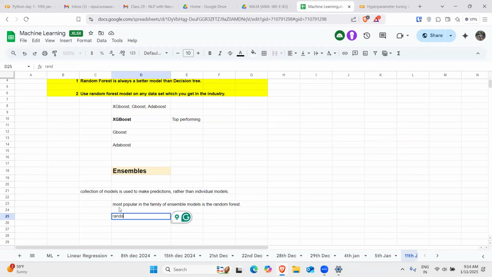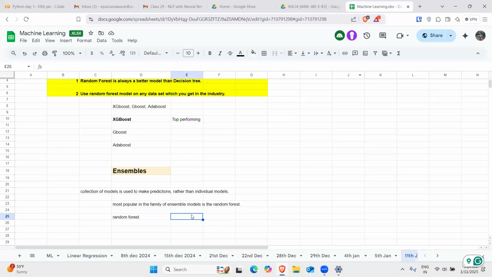So what is random forest? Ideally, this word will tell you the story about the random forest. What is random? What do you mean by forest? It's a collection of trees.